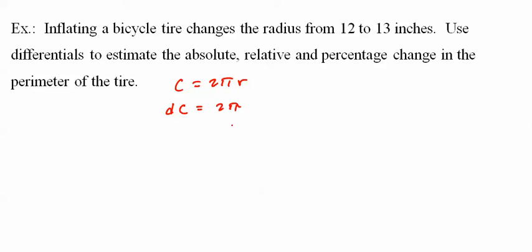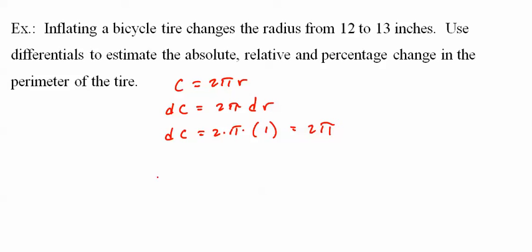So, where do we go from here? Disappointed. dr. So, dC equals 2 times pi times 1. That's the approximate change.